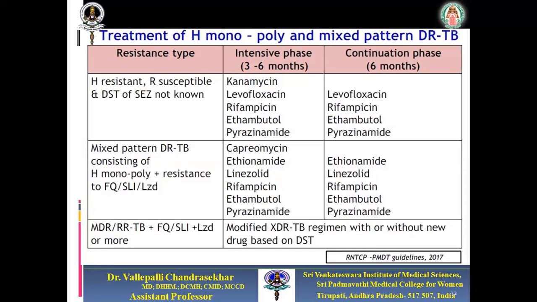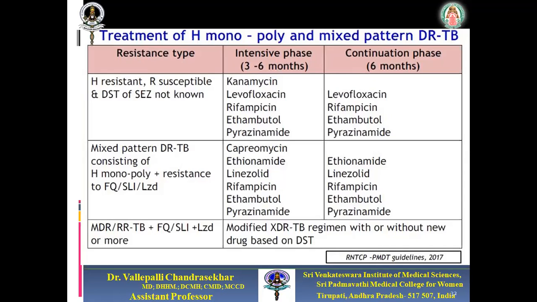If there is a mixed pattern of drug resistant TB, it may consist of H mono or poly resistance, or resistance to fluoroquinolone or injectable drugs or linezolid. Then you give capreomycin, ethionamide, linezolid, rifampicin, ethambutol, pyrazinamide. The continuation phase again lasts for 6 months, and here we are adding ethionamide and linezolid.